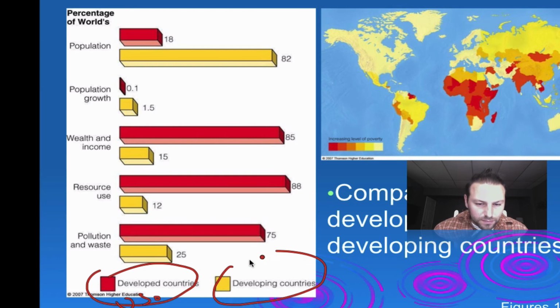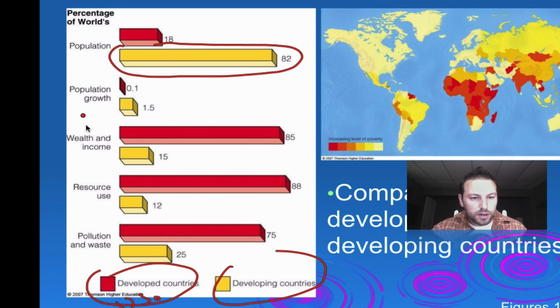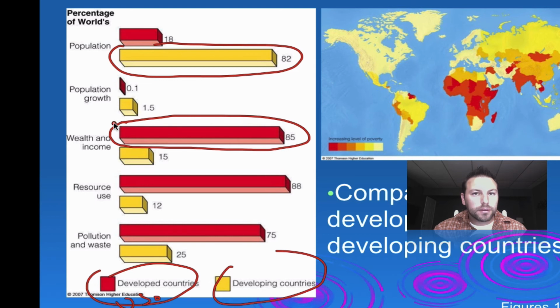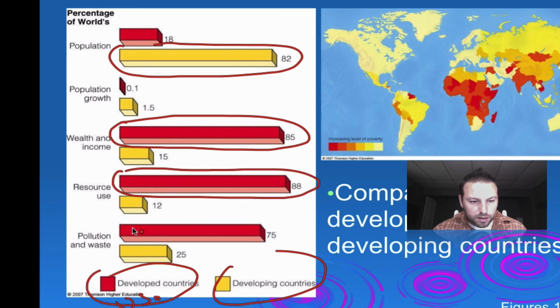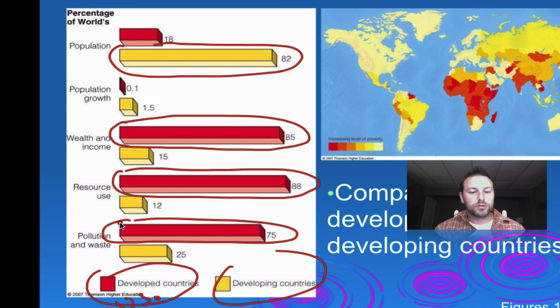These developing countries, or third world countries, hold most of the world's population. The wealth and income is completely inverse to that. The developed countries have most of the world's wealth, but less of the population. And the same thing goes for resource use, pollution and waste, which are all tied to these developed countries.